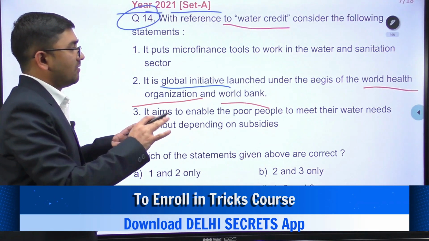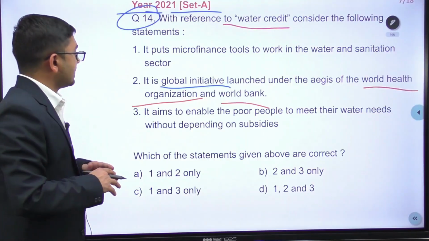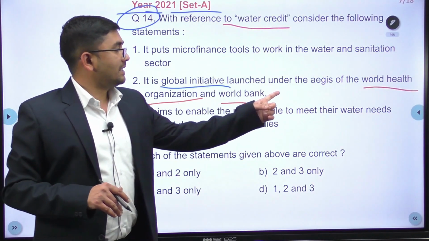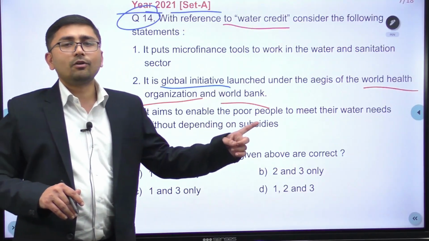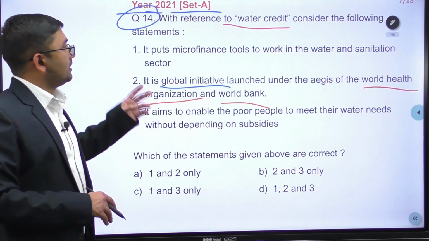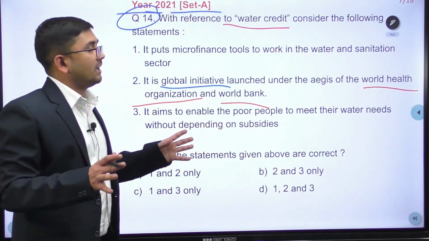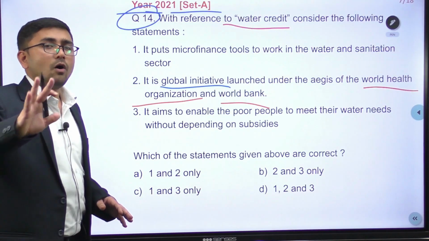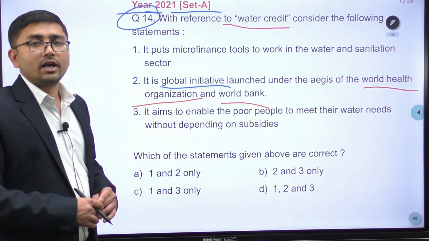Here is a red flag for you because organizations are given here. Third says that it aims to enable poor people to meet their water needs without depending on subsidies. So here are the three statements, and Water Credit is maybe from current affairs, but you are not aware of it.